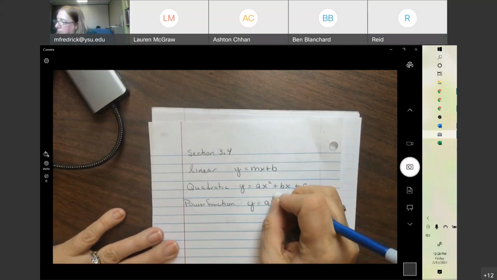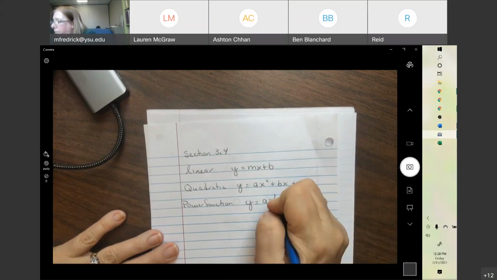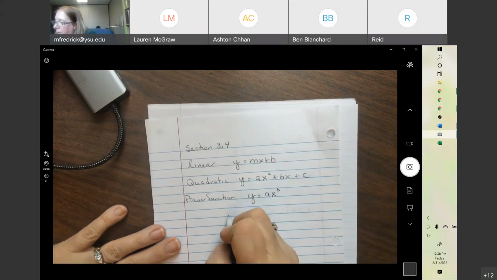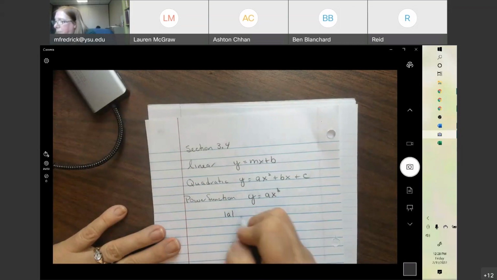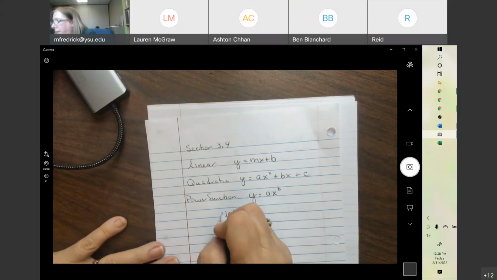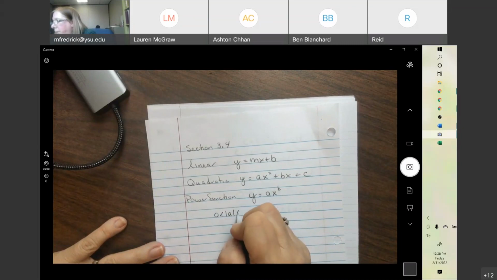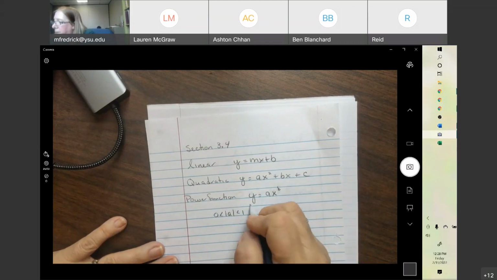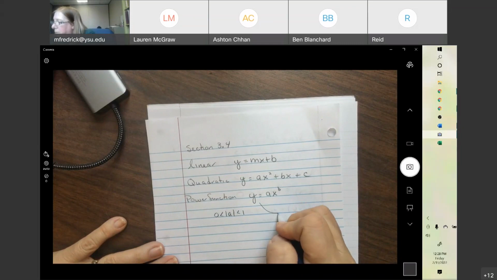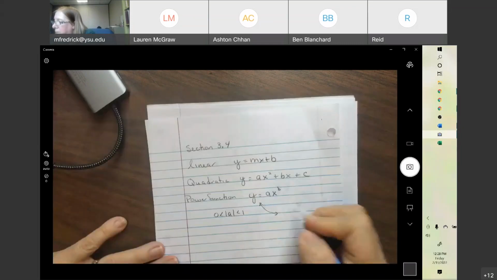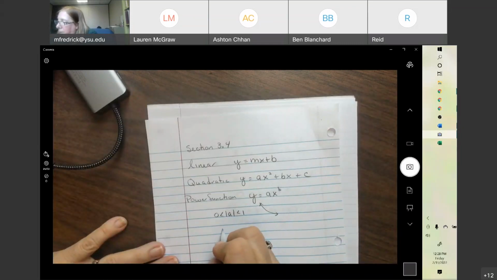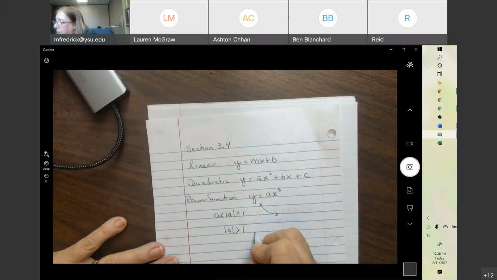Now what this does, if the absolute value of a is between 0 and 1, it decreases this. And if it's greater than 1, it increases.